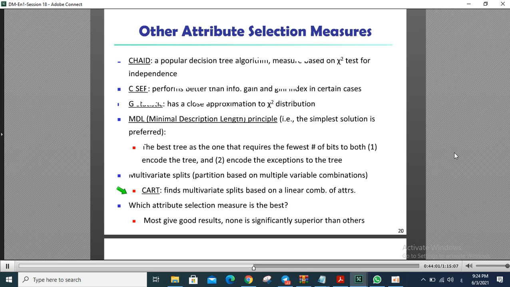The CART tree has a proposal for this case, to find multi-valued split points for an attribute.